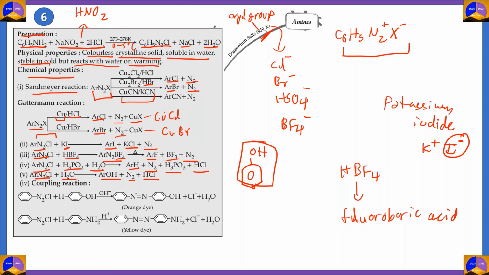This is a benzene with nitrogen that's double bonded to another nitrogen that is double bonded to another benzene, and it has a hydroxy substituent at the end. Then we have chloride ions and water as the byproduct. And instead of OH, if we had NH2 at the end, we get a yellow dye. So the orange dye is known as para-hydroxyazobenzene, and the yellow dye is known as para-aminoazobenzene.